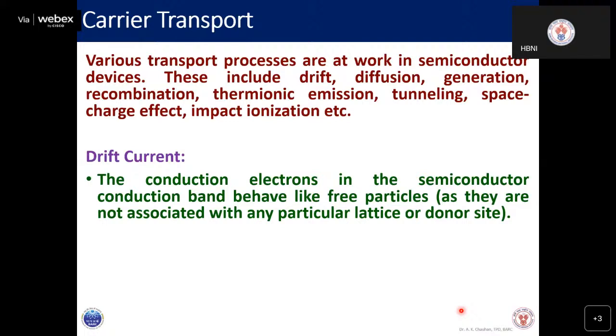Now let us see what drift current is. The conduction electrons in the semiconductor conduction band behave like free particles. Why do they behave like free particles? Because if they are very few and the conduction band is empty, then whatever voltage you apply, the corresponding rise in the energy of the electron is also available in the same band.